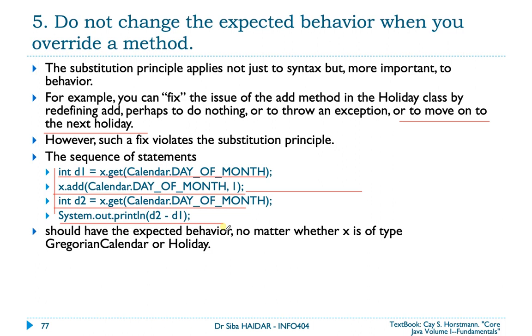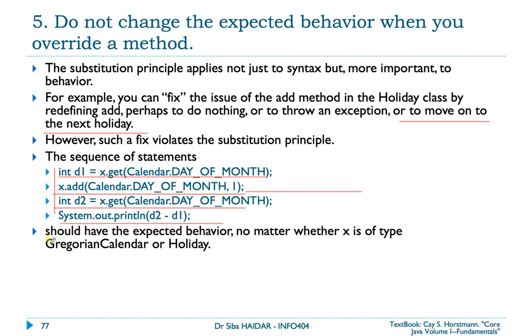As you can expect, the normal behavior before redefining add, if D2 is the next day, would be the value 1. But since you redefined add, you cannot expect the difference between the two because of this behavior.